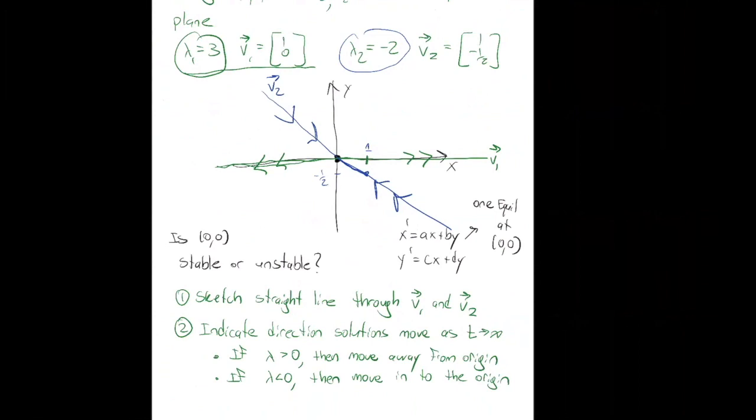And then we look at the picture and we can see some directions go in, some directions go out. And that's why this one would be what we call a saddle point, which we would consider semi-stable.